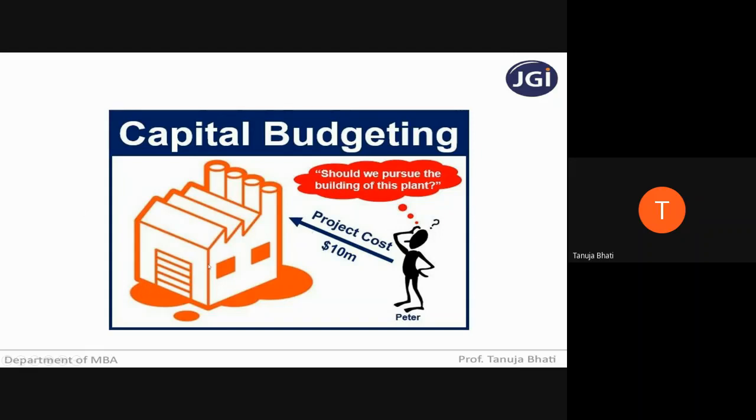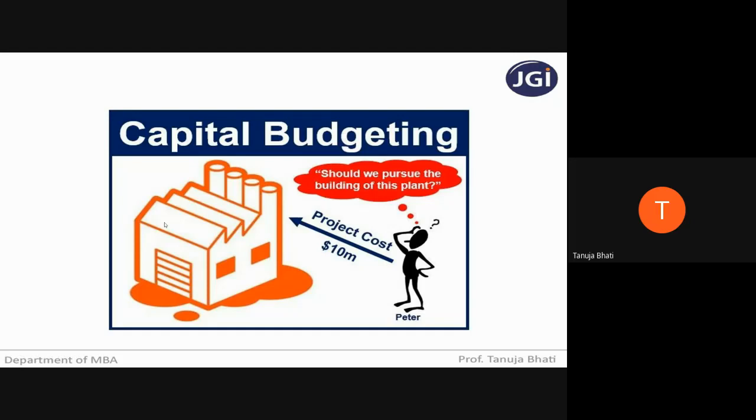So whether to invest or not, whether this particular investment is going to give a series of expected flow of benefits over a period of time, or whether this investment is fitting within the budget of the company. So there are several things to be considered before making an investment plan. Here this person Peter is thinking whether he should invest in this plant or not. The project cost is $10 million.